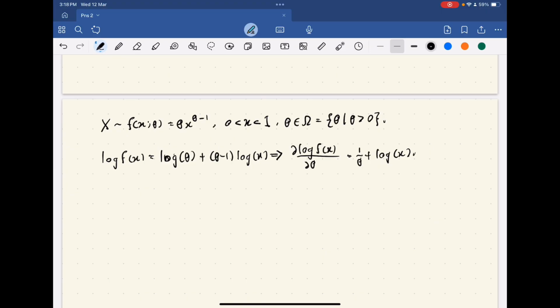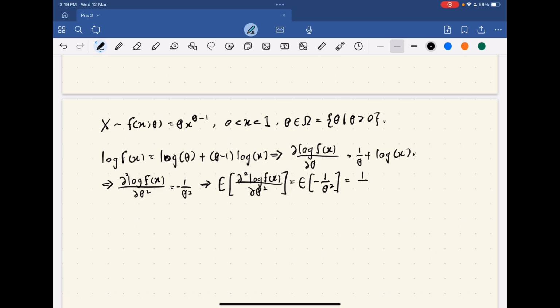And so our second derivative is just negative 1 over theta squared, and our expectation for this second derivative is just the second derivative itself, because it's a constant.